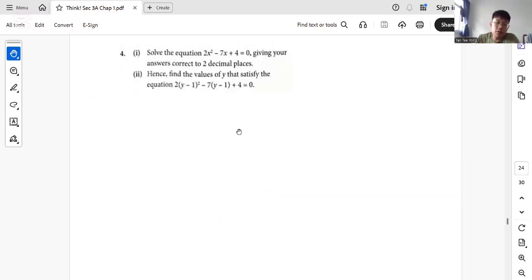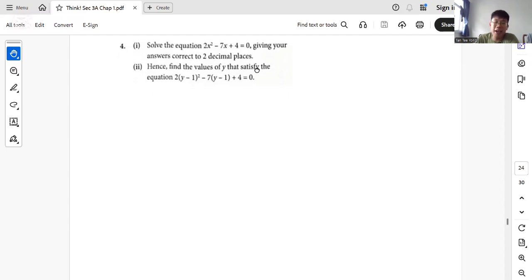So the next one is question 4. Solve the equation, giving your answer correct to 2 decimal places. They didn't say how they want to solve it, so I am probably going to use the quadratic formula again. So 2x squared minus 7x plus 4 equals 0.